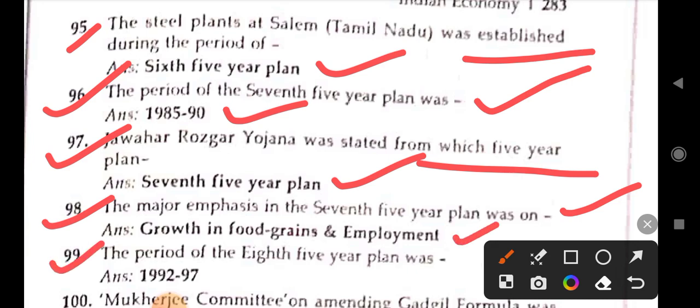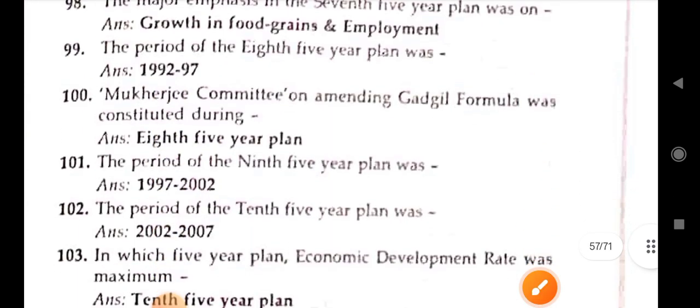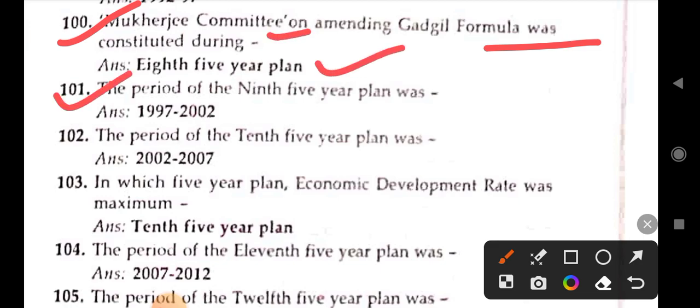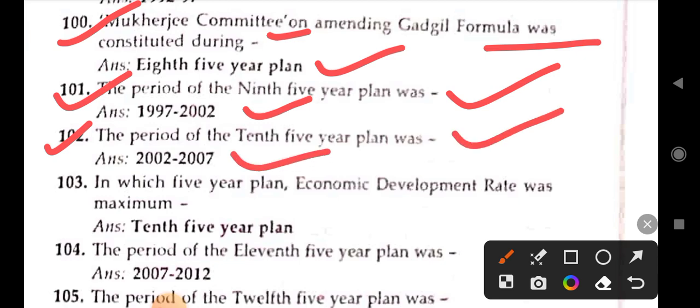Next, the period of the eighth five-year plan was 1992 to 97. Next, the Mukherjee Committee on amending the Gadgil formula was constituted during the eighth five-year plan. The period of ninth five-year plan was 1997 to 2002. The period of 10th five-year plan was 2002 to 2007.